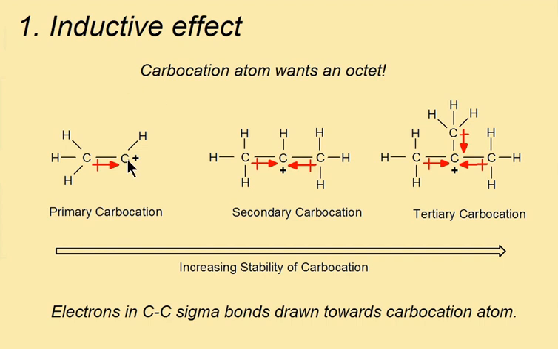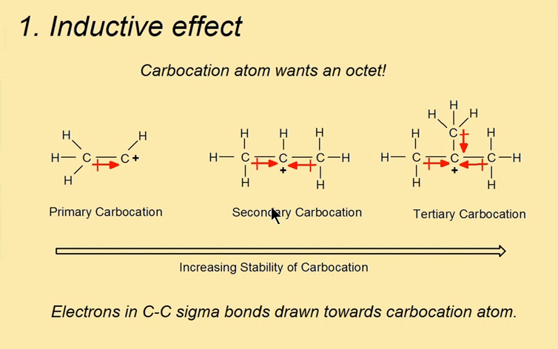So a primary carbocation would only have 1 neighbouring carbon, and therefore 1 carbon-to-carbon bond that it could draw electrons from, while a secondary carbocation would be more stable, being able to draw electrons from 2 carbon-to-carbon bonds. And of course a tertiary carbocation would be the most stable because it can draw electrons towards it from 3 carbon-to-carbon bonds.